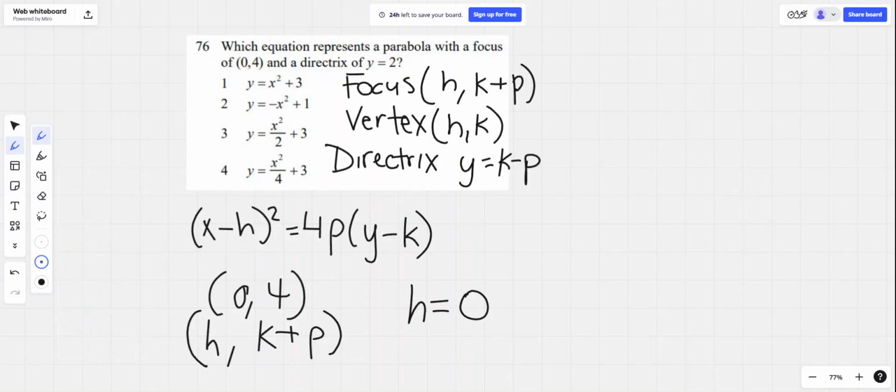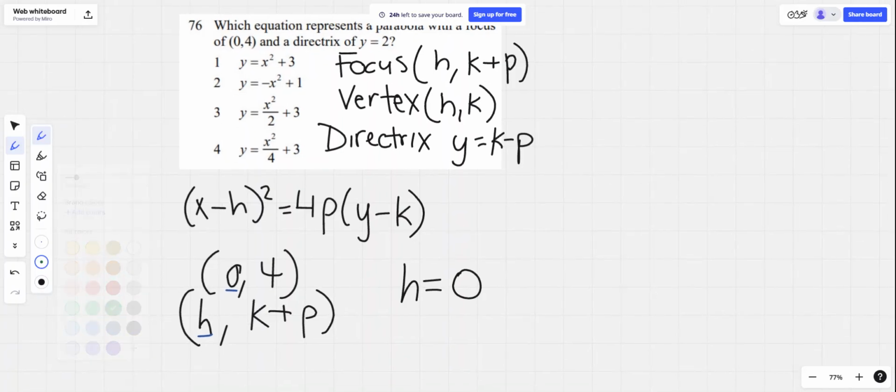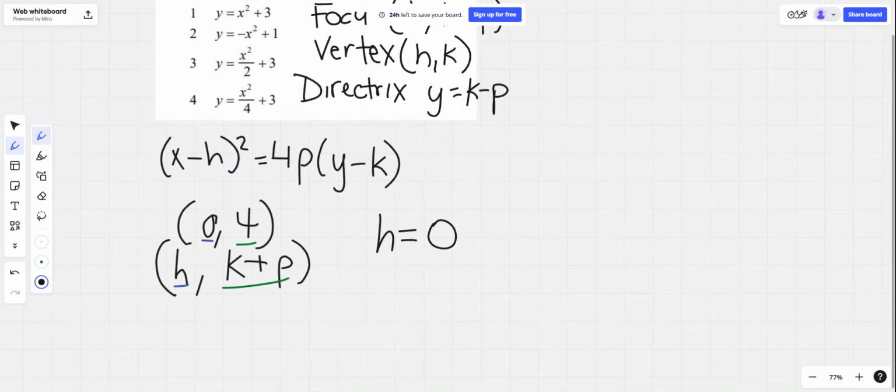Because we look at what is corresponding. 0 is the x value, which is supposed to be h. So h equals 0. We can also see here 4 equals k plus p. K plus p equals 4.